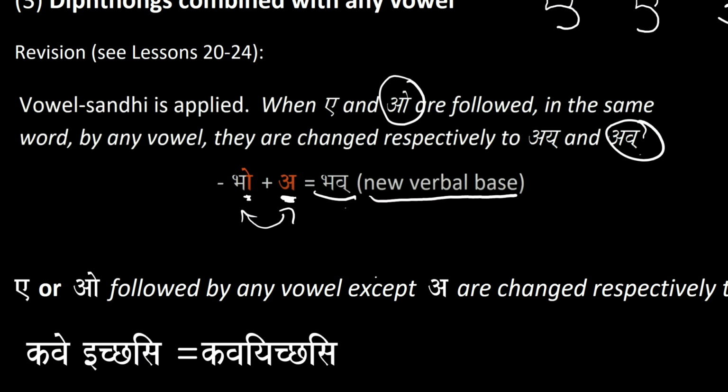So that became bhav. Now this is in the same word. And this is what we had learned. And again, the purpose of learning this was to form our new verbal base. That is in the same verb.